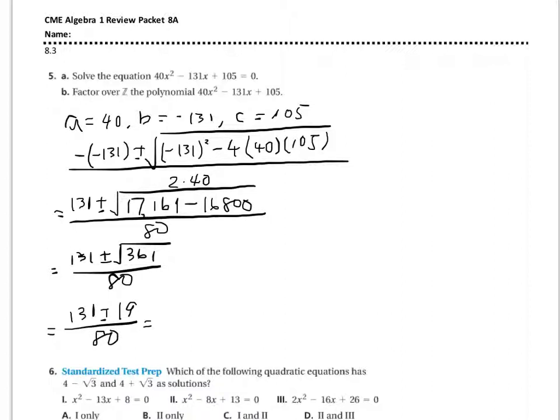So we have 131 plus 19 over 80, or 131 minus 19 over 80.